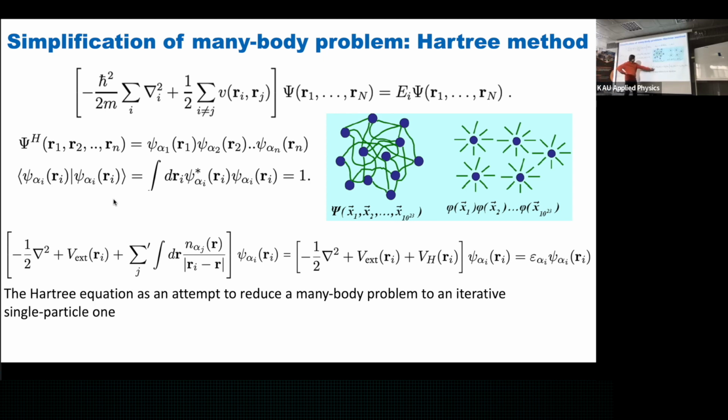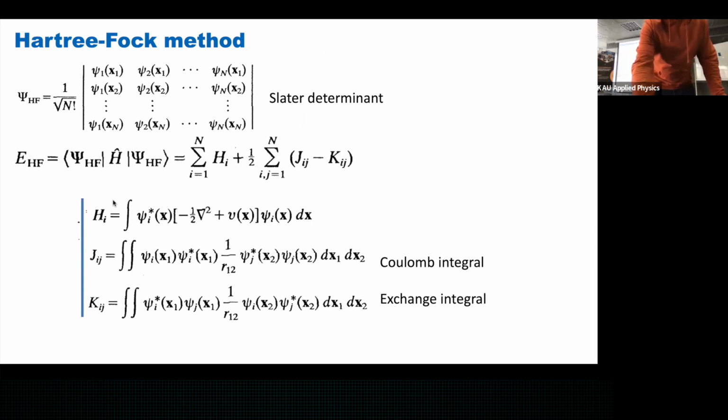Here is the external field, created by the nuclei, and the Hartree term, created by the field of all the electrons in the system. And E is the energy eigenvalue, or energy of some one-electron state. So we have split our Schrödinger equation into a lot of simple parts.